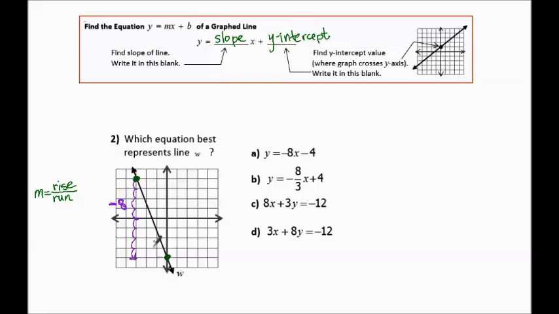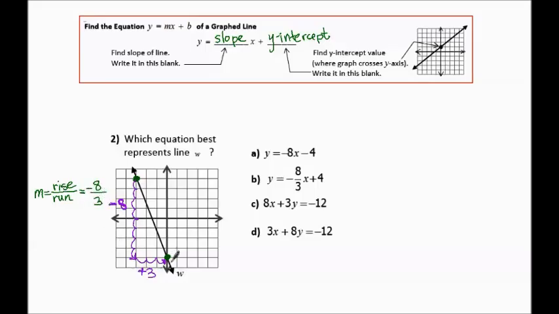And then we're going to find our run. 1, 2, 3. This time I'm moving to the right, so that is a positive 3. So using these two numbers, we create our slope fraction, rise on top, the negative 8, run in the bottom.